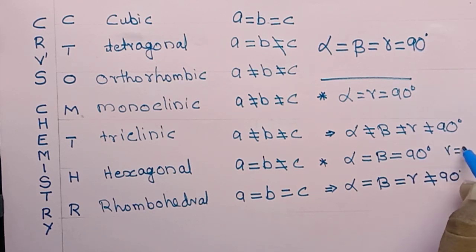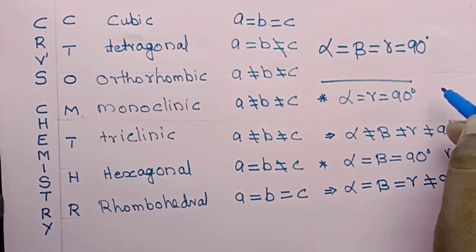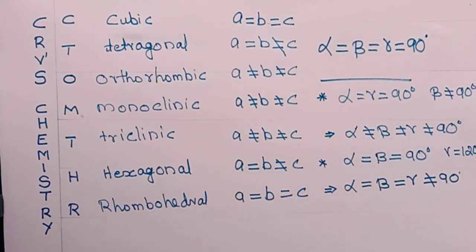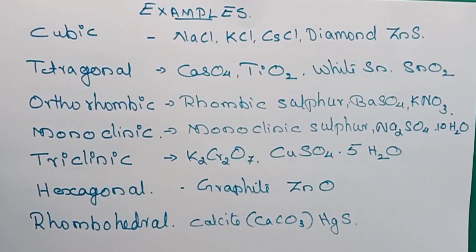Here gamma equal to 120 degree, and here beta not equal to 90 degree. If you can remember this method, you can easily find the relation between sides and angles of the different unit cells of Bravais lattices.